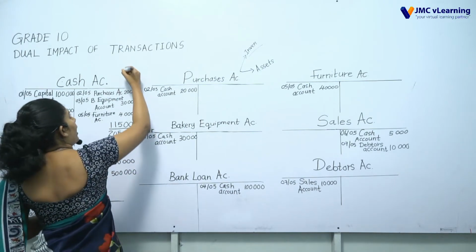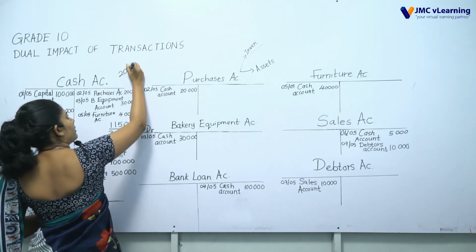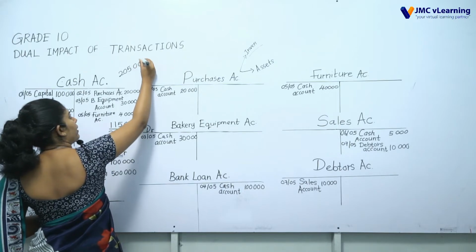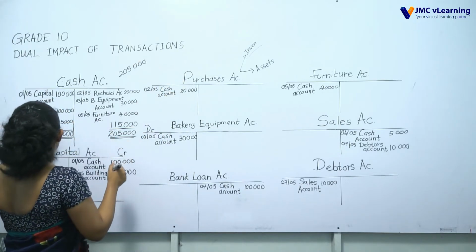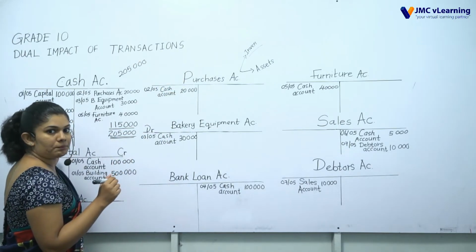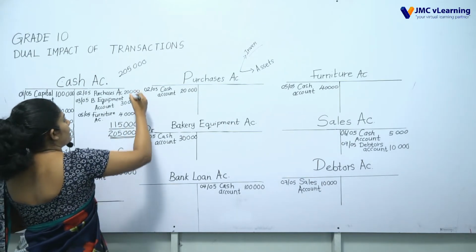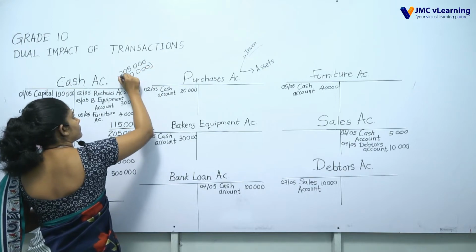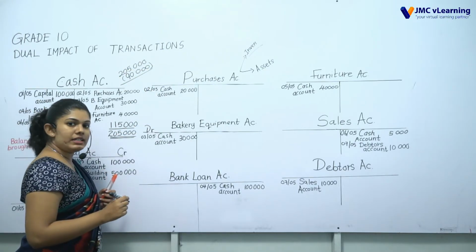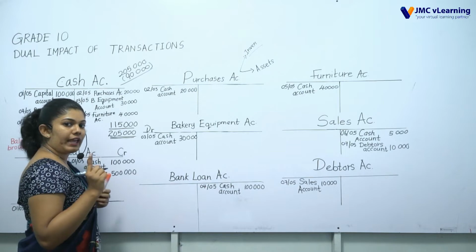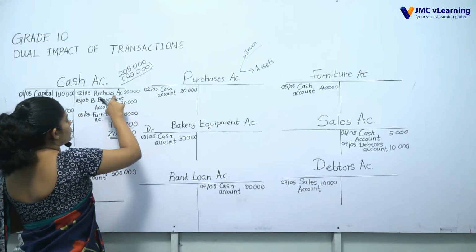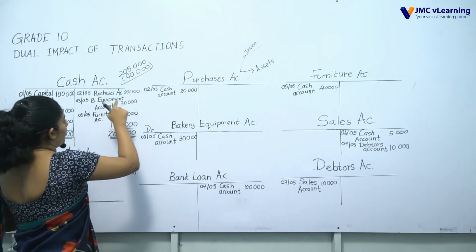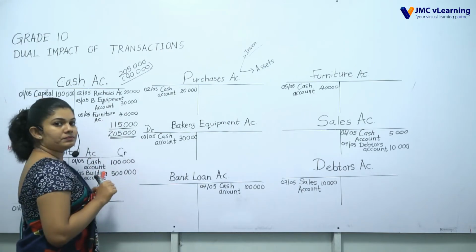That means I received 205,000 by various means, capital, bank loan and sales account. And I spent 90,000 out of that for purchases, bakery equipments and furniture.